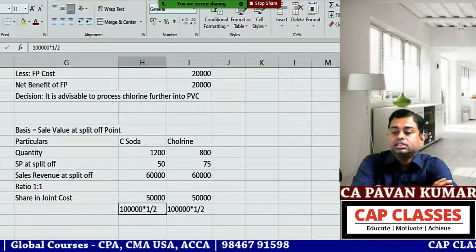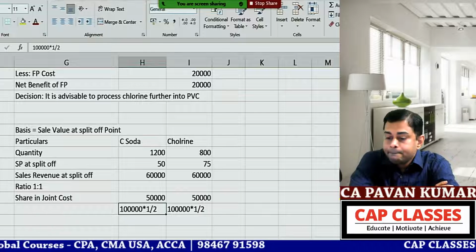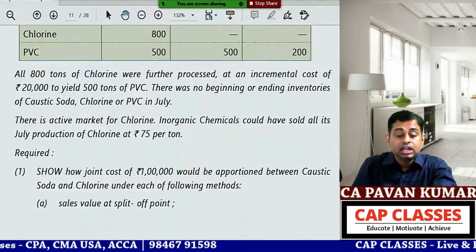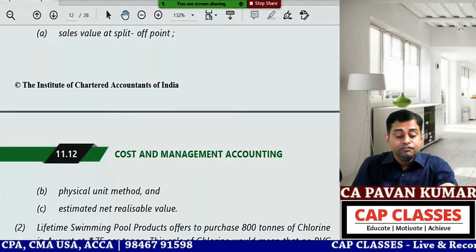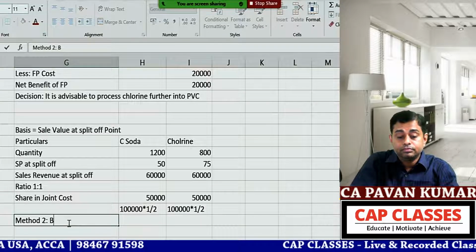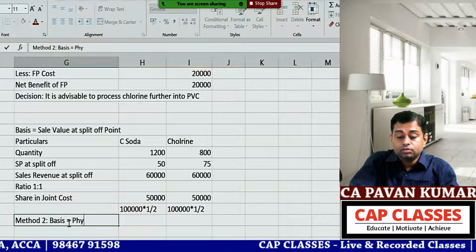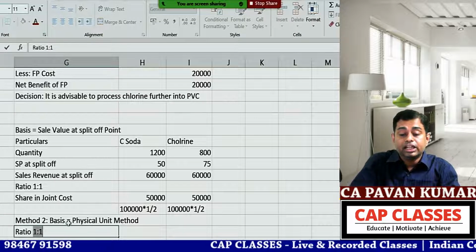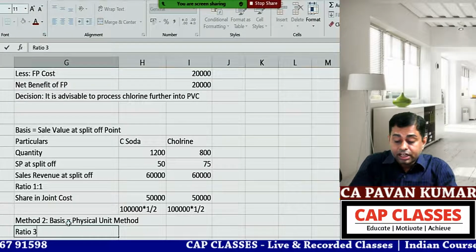Guys, do you understand this? Very good. So this is method 1, sale value at split off point. Method 2, physical unit method. Basis is equal to physical unit method. Can I say the physical unit method ratio is 3:2?